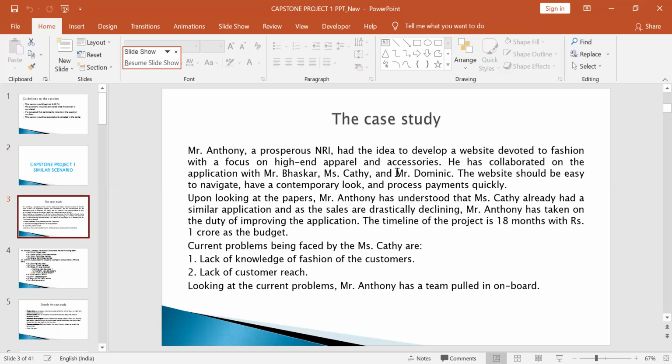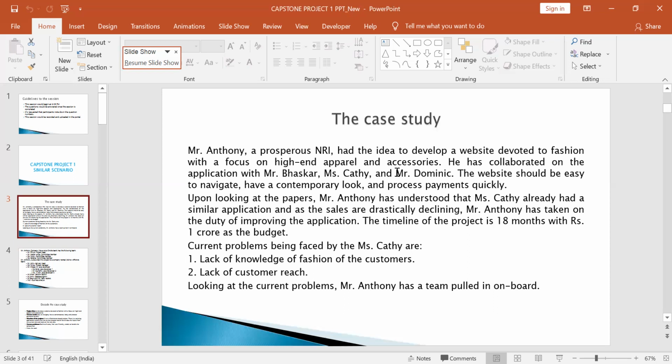So Mr. Anthony wants to work on this application and improve it. The timeline of the project is 18 months with a budget of rupees 1 crore.